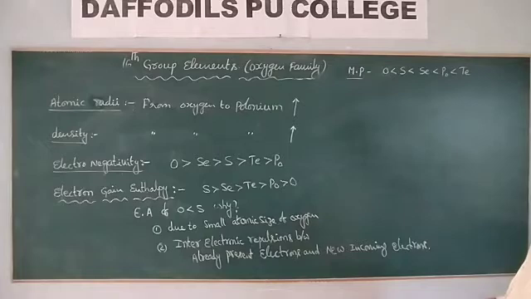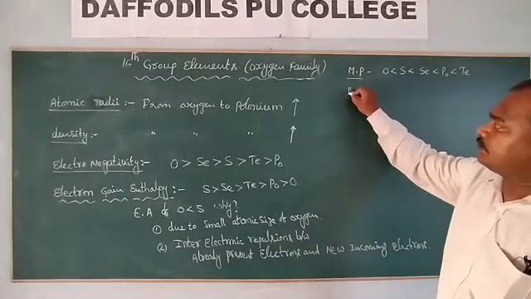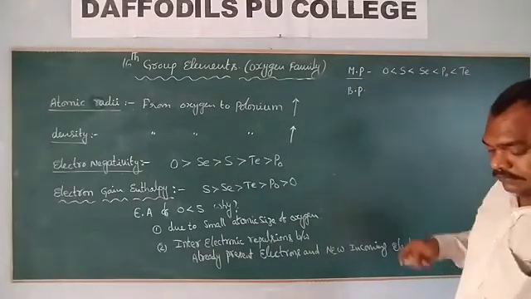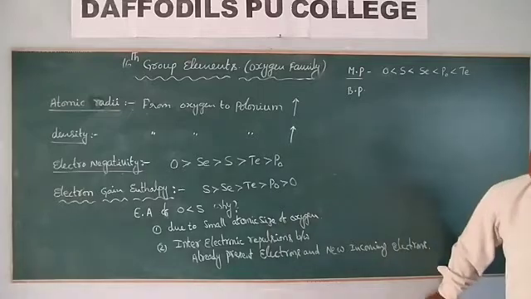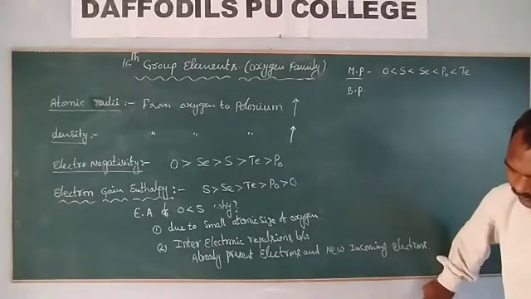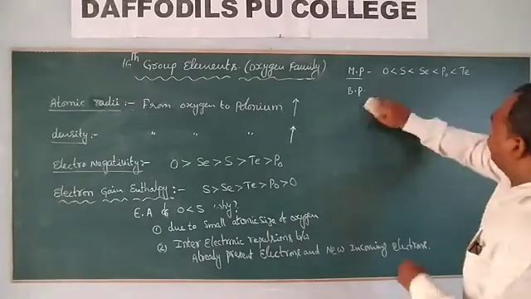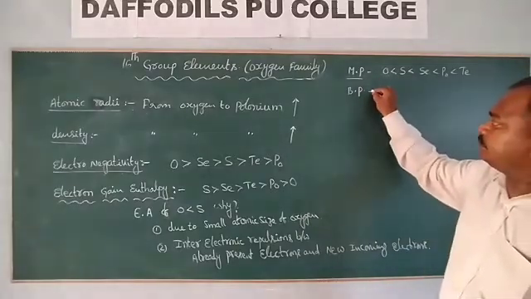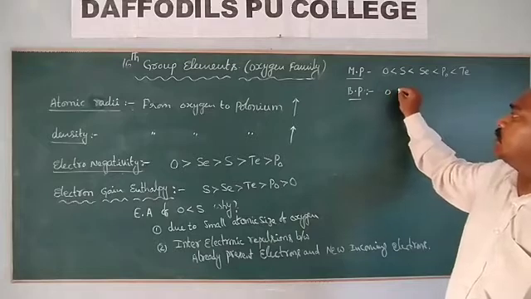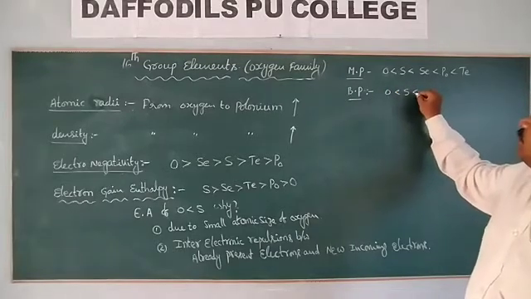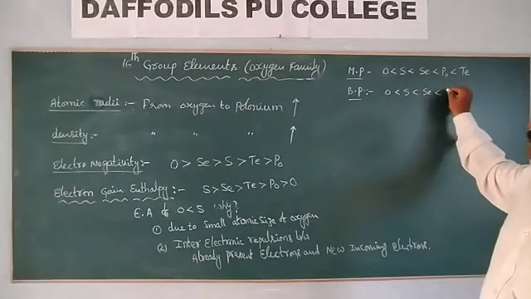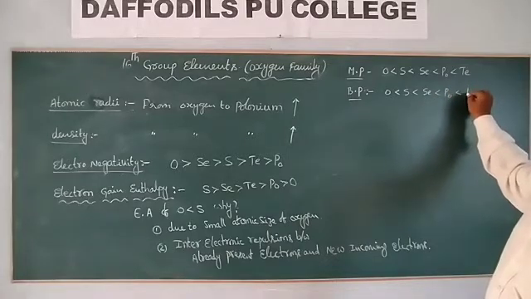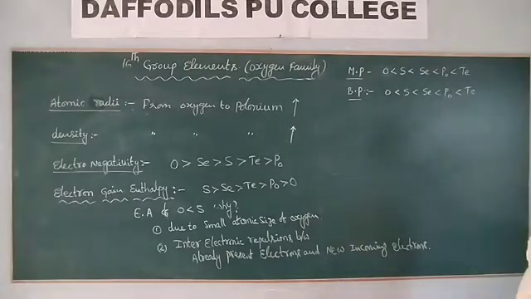Similarly, look at the boiling points: oxygen less than sulfur less than selenium less than polonium less than tellurium. These are the melting and boiling points.